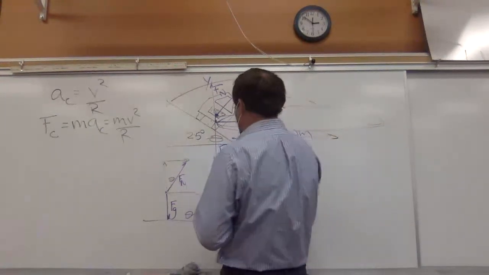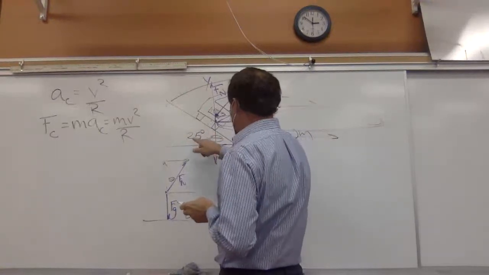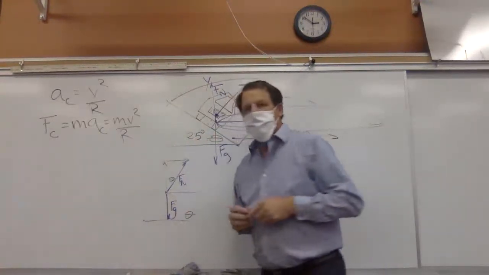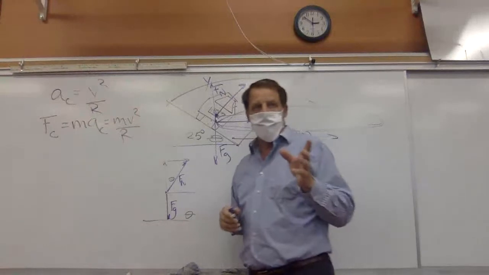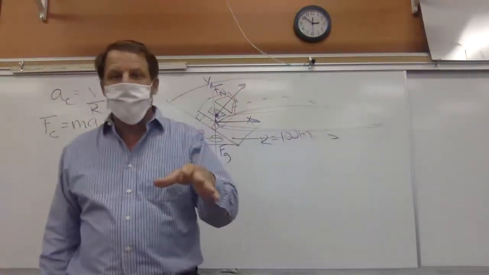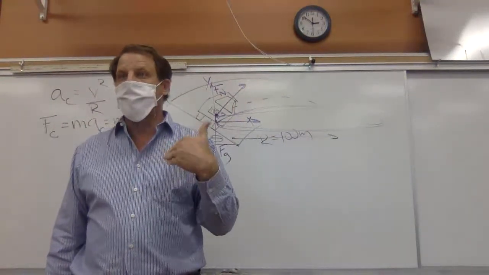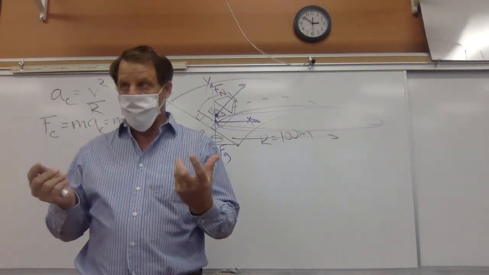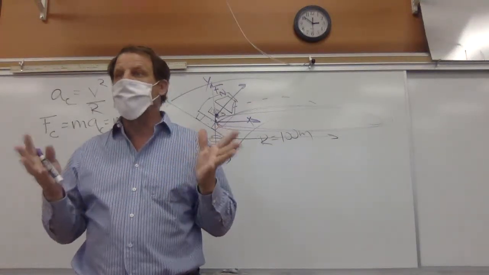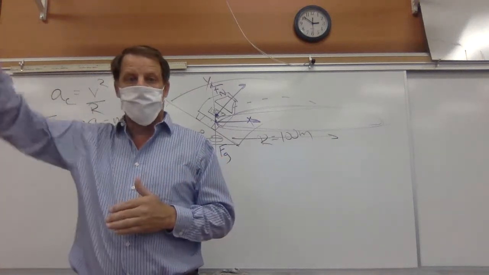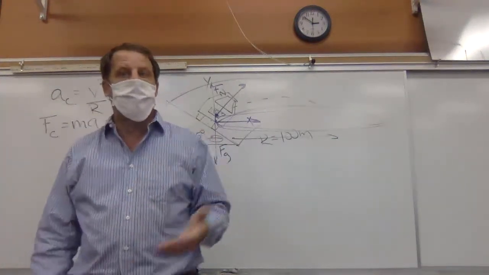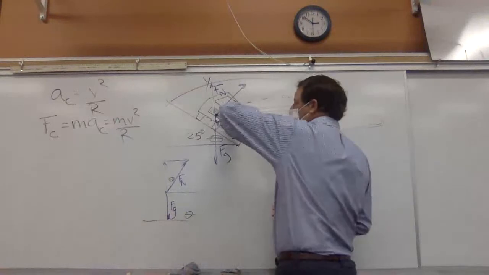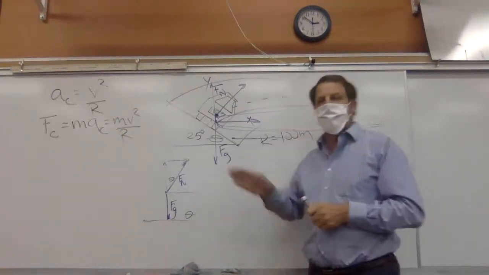So a radius of 100 and an angle of 25. The question is really going to be, how fast can you go around this curve to negotiate the curve without slipping off the top of the road or off the bottom of the road?